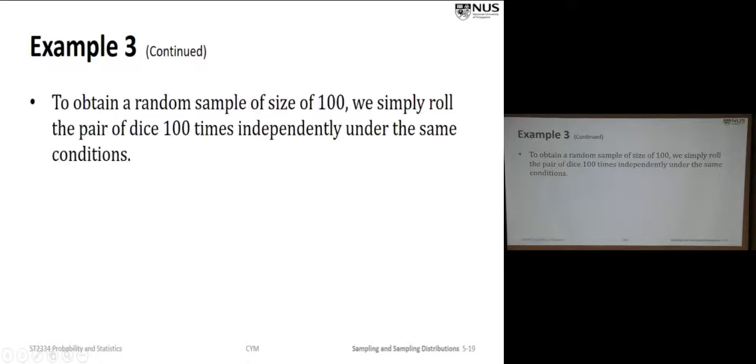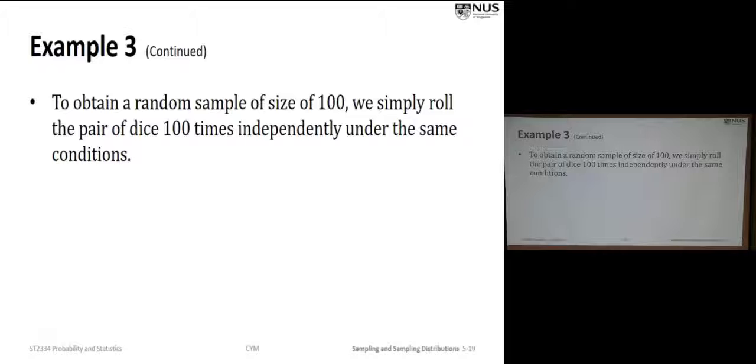Now, you can think of it as we have a population which is infinite. You roll the dice one time, second time, third time, you can roll it many, many times. Now suppose I roll it 100 times. We consider it as if we take a sample of size 100 out of an infinite population, out of infinite rolls of these two dice.